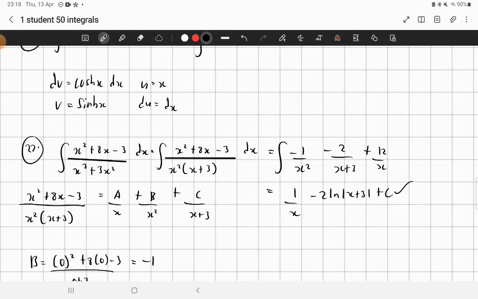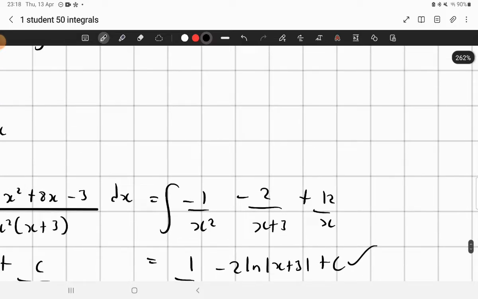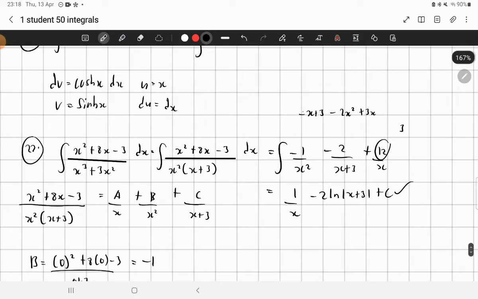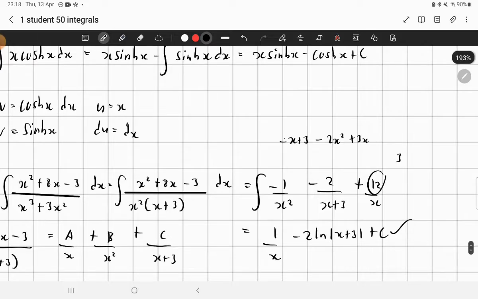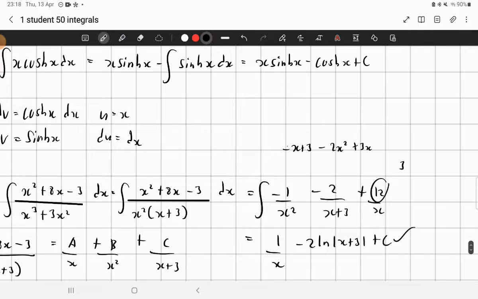Based on this website, it told me that this is 3, so if I combine it again, -x plus 3 minus 2x squared plus 3x, it should be 12, right?